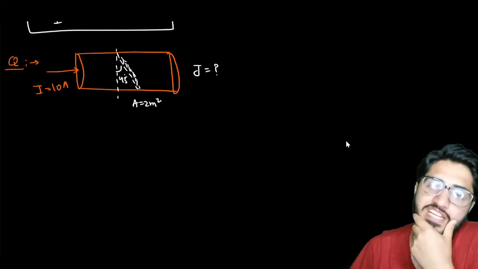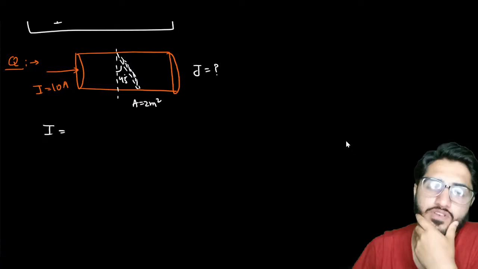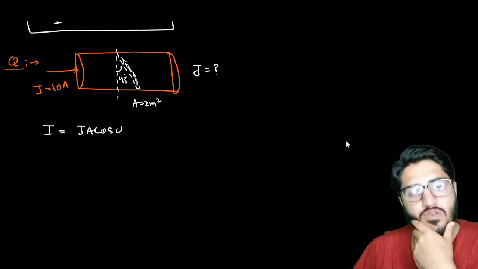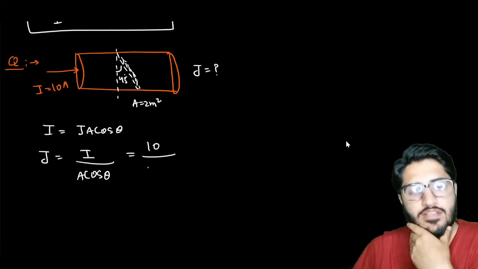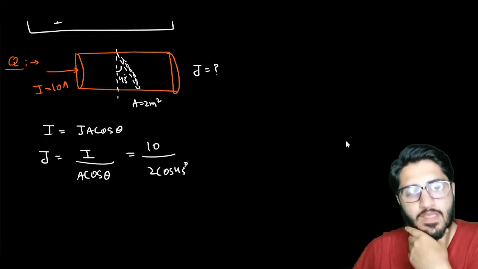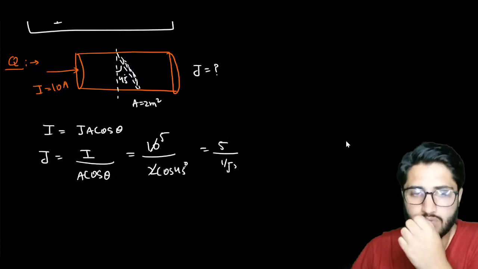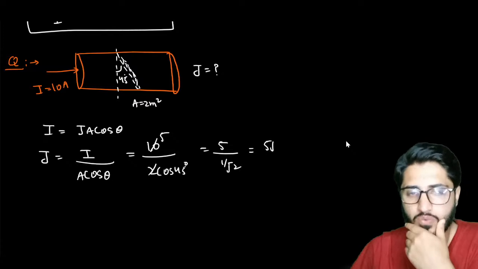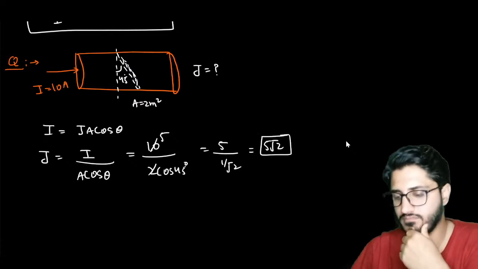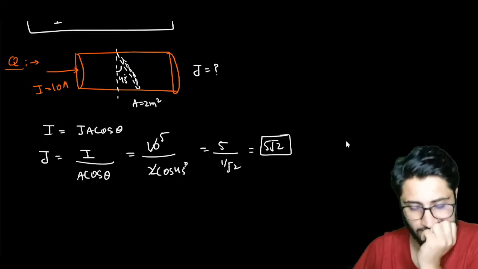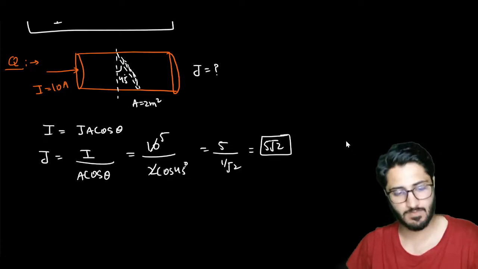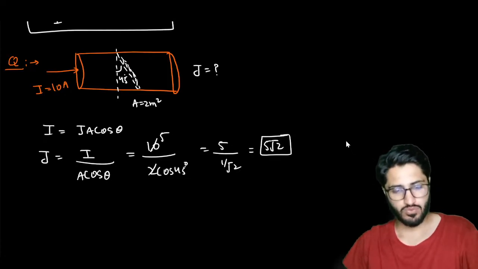Sir, if theta is there, I can write I equals J A cos theta. So J comes out to be I divided by A cos theta. What is I? I is 10, A is 2, then we have cos 45 degree. 2 on the 2, 2 fives are 10, it is 5. Cos 45 is how much? 1 by root 2. So my answer is 5 root 2.